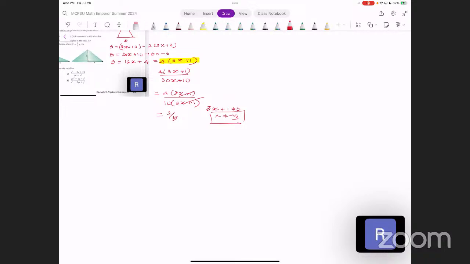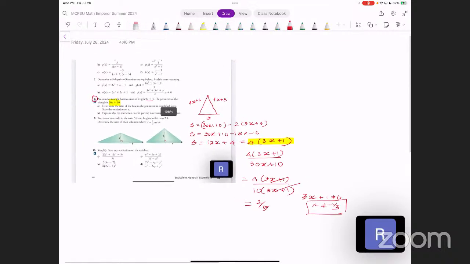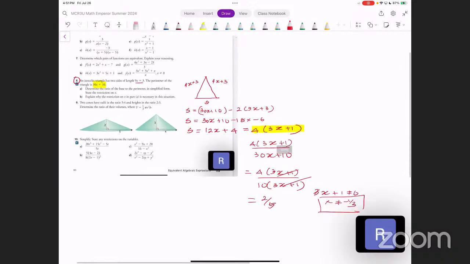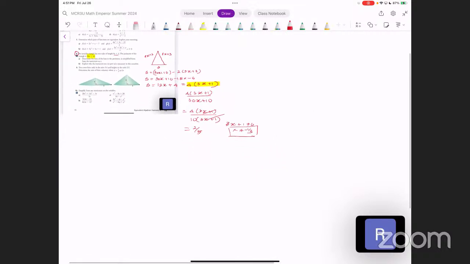Now, part B of that question is asking, explain why the restriction is necessary. If there's no restriction applied, then you're dividing by 0, and you cannot divide by 0, isn't it? Make sense?